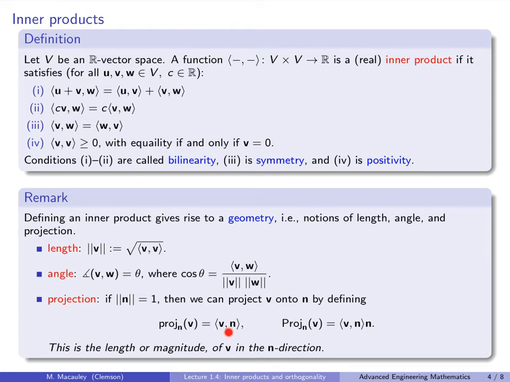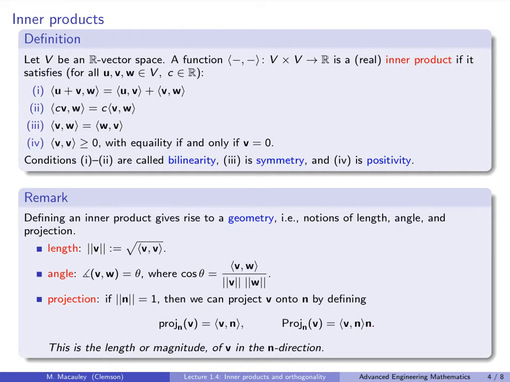So that is a scalar, that is a number. Sometimes we want to speak of the actual vector in the direction of n, whose length or norm is this dot product. So I'm going to write that as capital proj, capital projection of v onto n, and that's just this same quantity multiplied by the unit vector n.